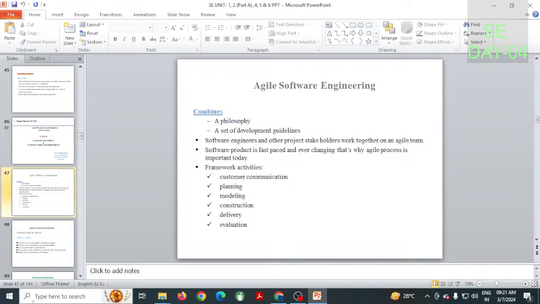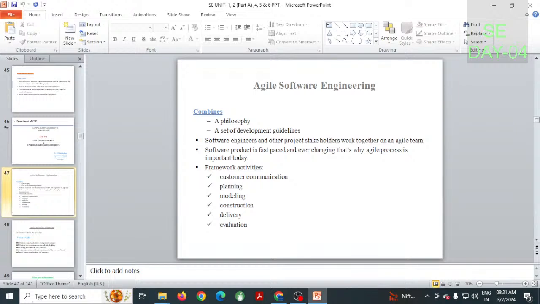From a basic introduction point of view, when we discuss agile software engineering, the nature of agile software engineering combines a philosophy, or a set of development guidelines. In agile software engineering, importantly we should discuss the framework activities.